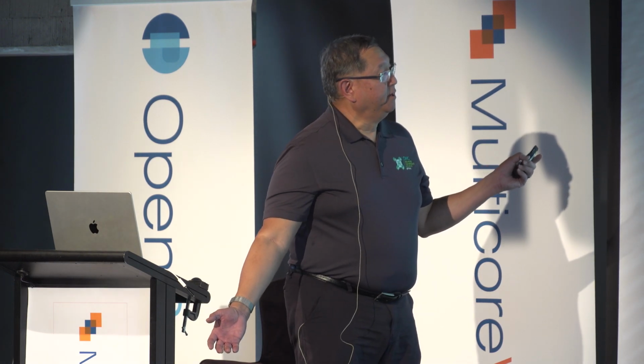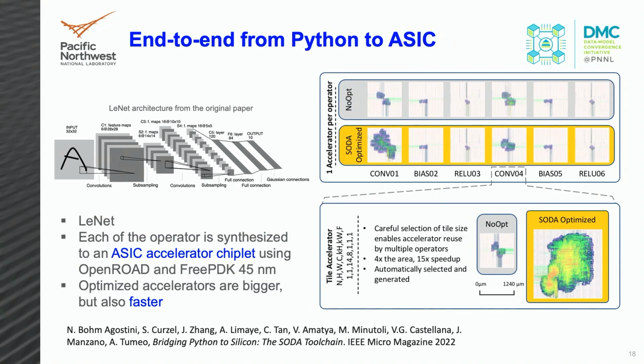Here's an example of the hardware design tools being applied to the LeNet convolutional neural network architecture. With no optimization, these are actually images of how much area is consumed by an ASIC for each step of the CNN architecture.